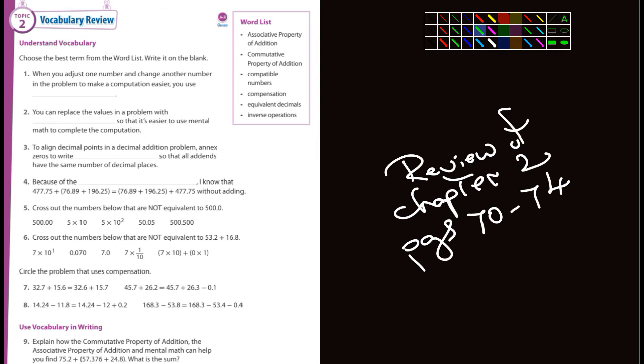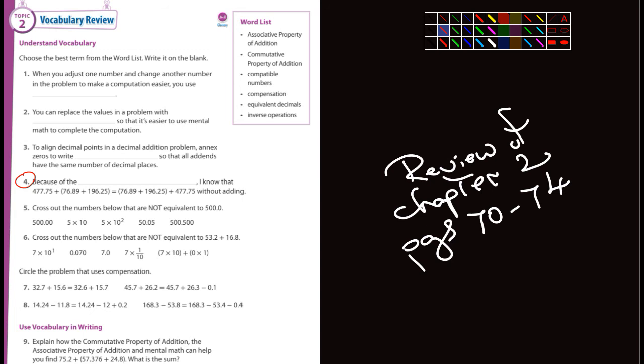Anyways, so looking at the vocabulary review here, let's look at number 4 together. It says, because of the blank, I know that 477.75 plus, in parentheses, 76 plus 196 equals 76 plus 196 plus 4.